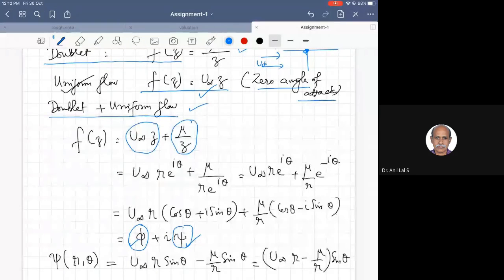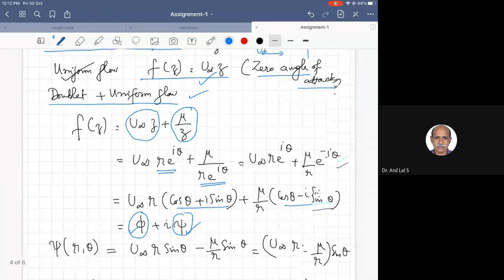So you write in the polar coordinate system, Z is r e raised to i theta, and mu by r e raised to i theta. So e raised to i theta comes in the numerator as e raised to minus i theta, which is cos theta minus i sin theta, whereas e raised to i theta is cos theta plus i sin theta.